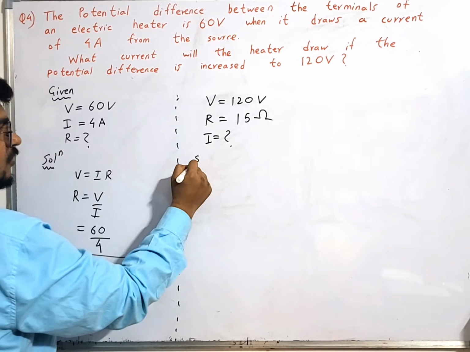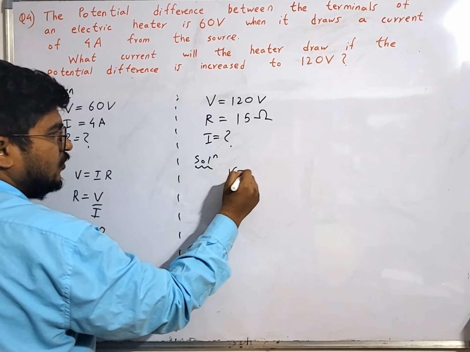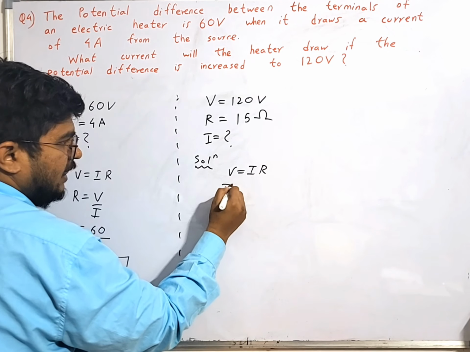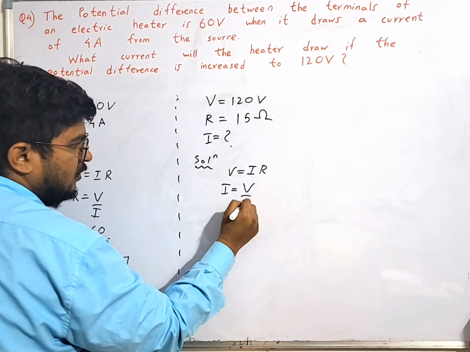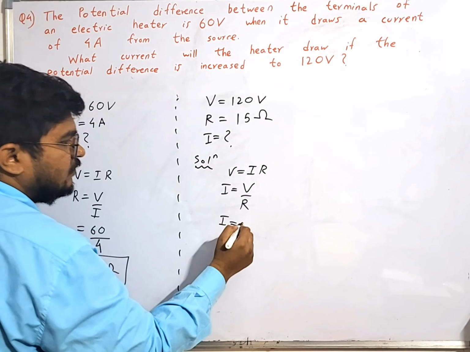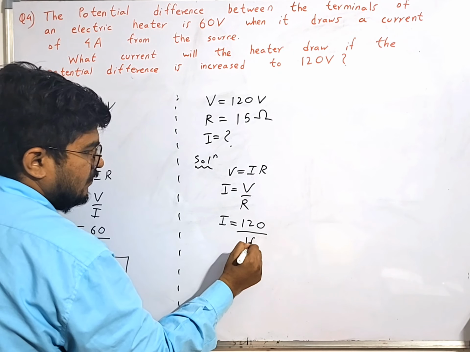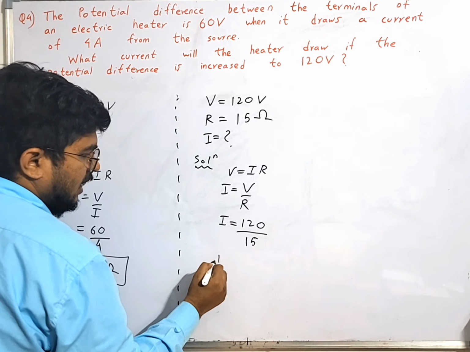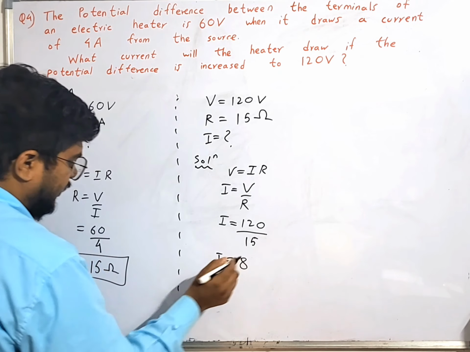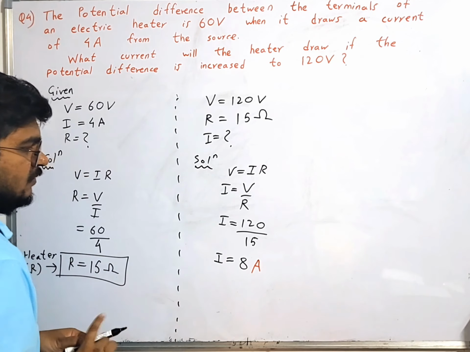So again, by the Ohm's law, V is equal to IR, so I is equal to V upon R. I is equal to 120 upon 15 ohm. So I is equal to 8, 15 eights are 120, and the unit for current is ampere.